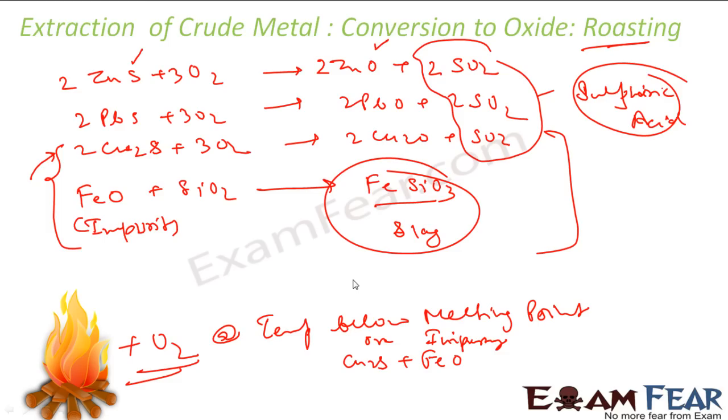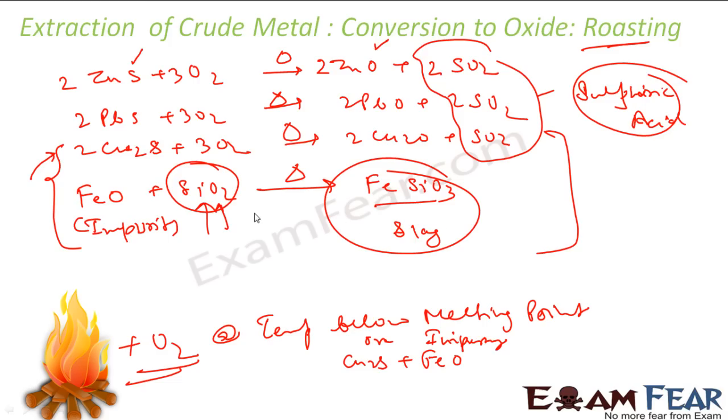Correct? Why am I telling you this? See, in this roasting or calcination process, there is a huge amount of heat involved. So we take advantage of this heat. Even if the ore contains other impurities, we add something to form slag, so the same heat will be used to form slag.